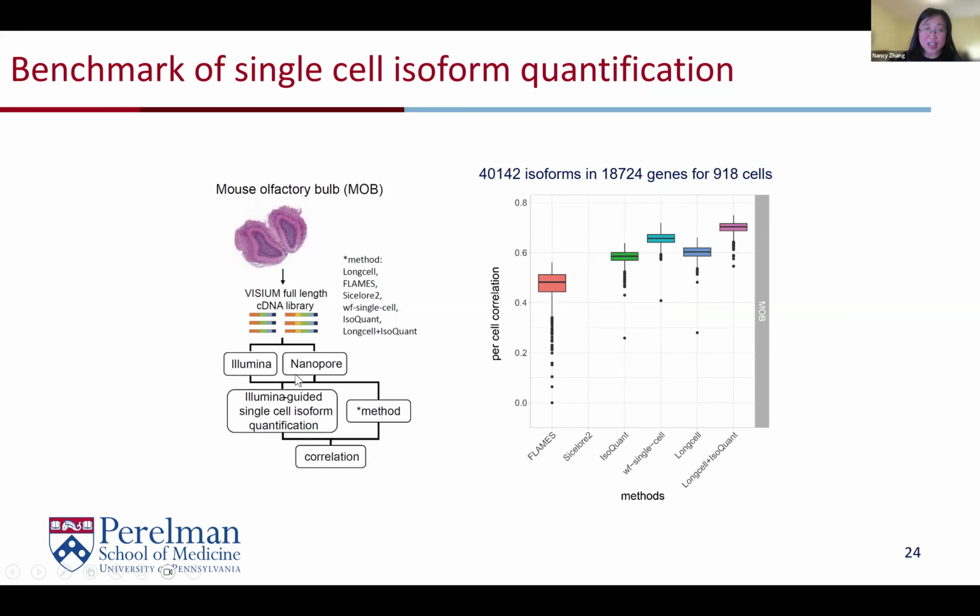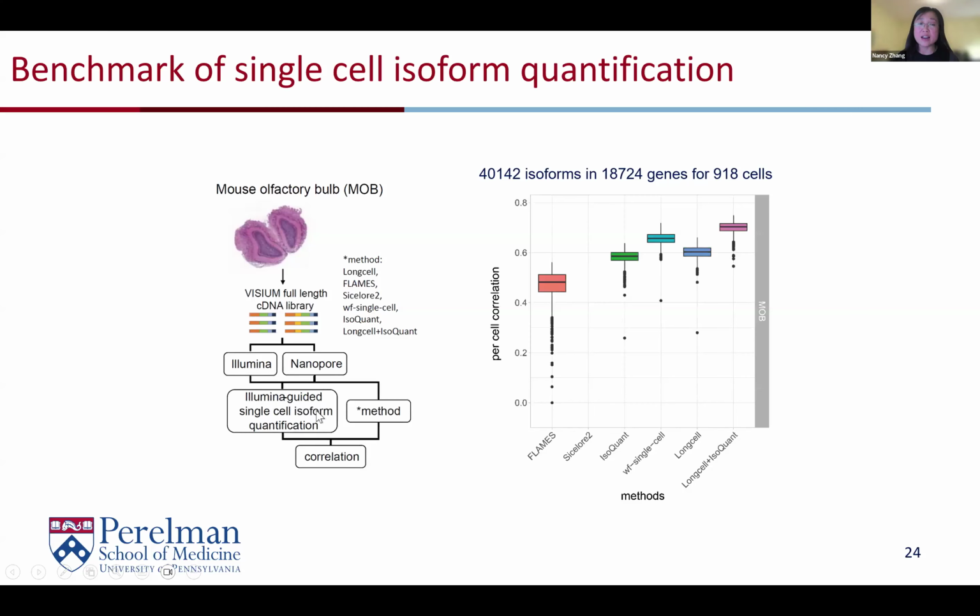The special thing that they did for this data set is that they did saturated sequencing by Illumina, meaning that they were able to capture every single UMI in this origin cDNA library, or so we hope. Then we can use the Illumina UMI as a whitelist to guide the UMI recovery for Nanopore. Note that we usually cannot do this because it's very expensive to sequence Illumina at such depth. But for this data set, they did it.